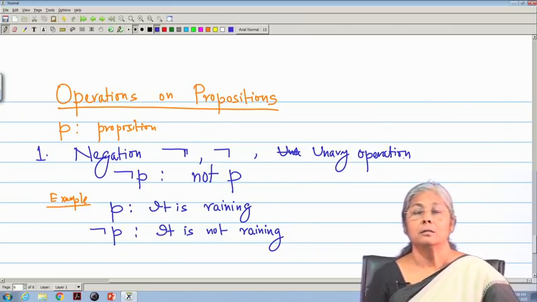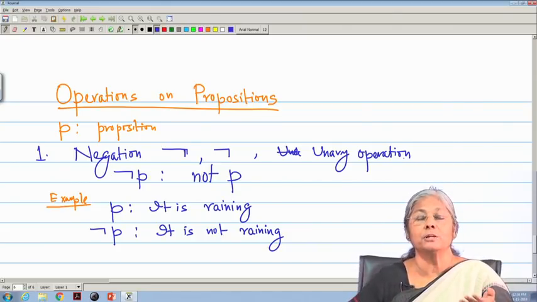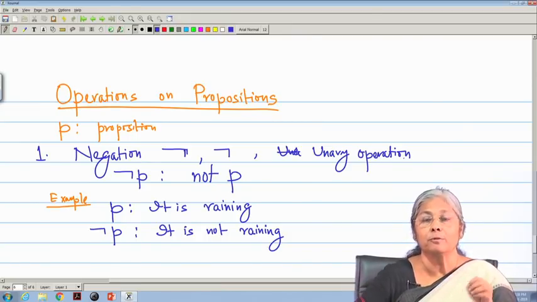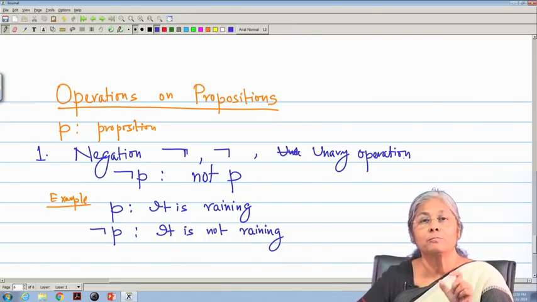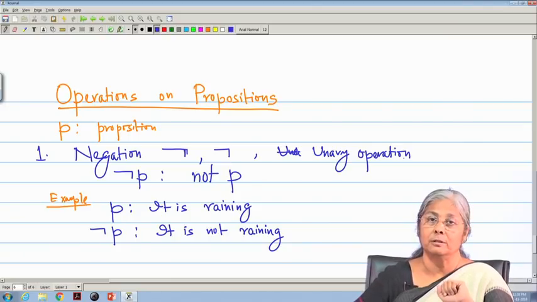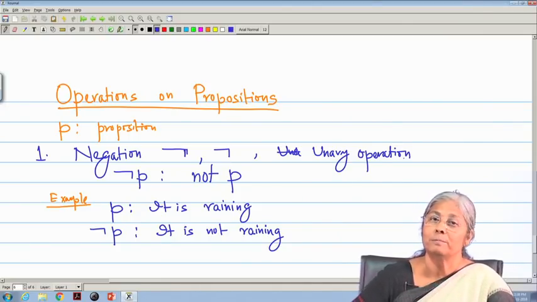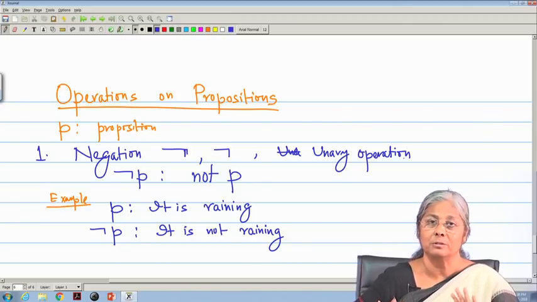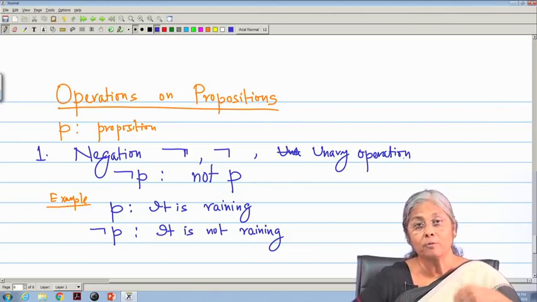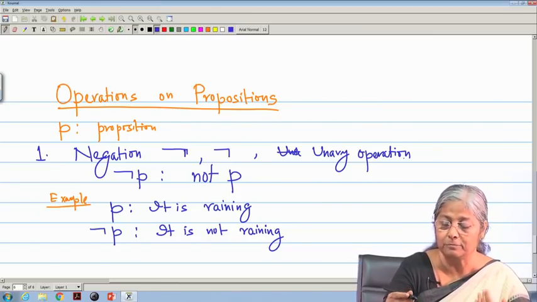Now, complex propositions can be obtained from primitive statements. We defined that a primitive statement cannot be broken into simpler propositions. So how can we get complex propositions from there?